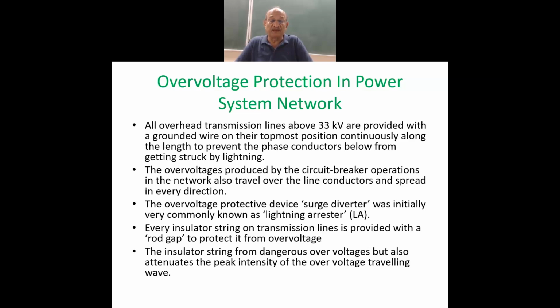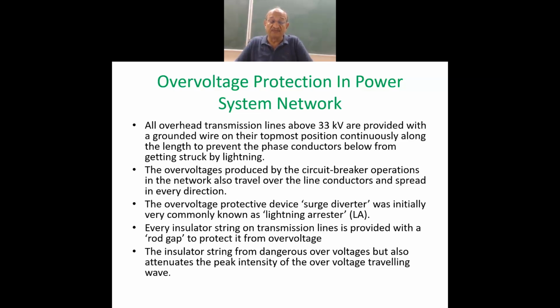So every transmission line and also the substation connected to the transmission lines needs overvoltage protection. The overvoltage protection in a power system is a very common feature, and that must always be practiced.